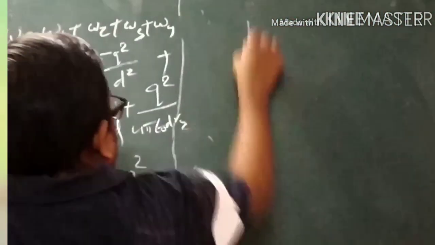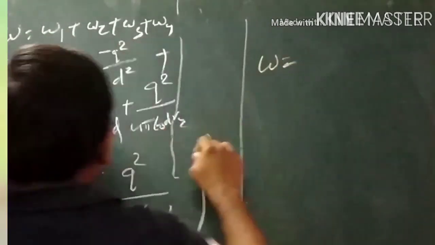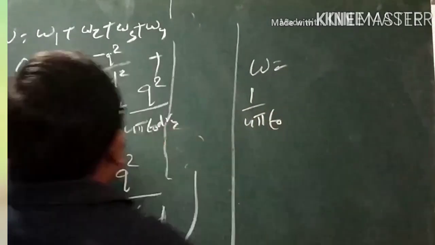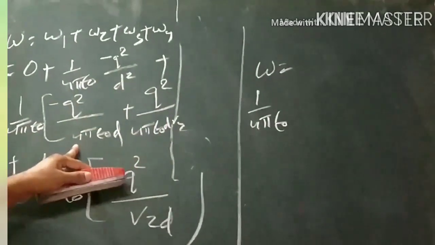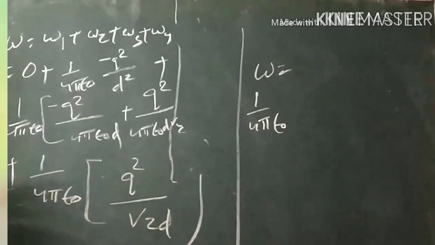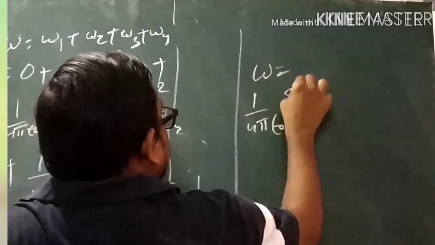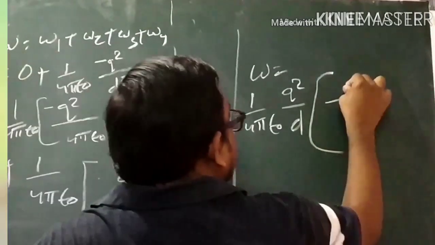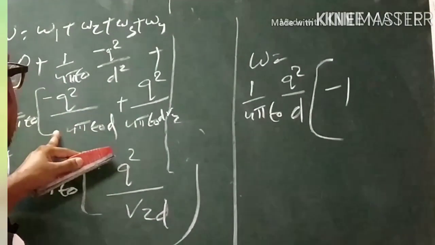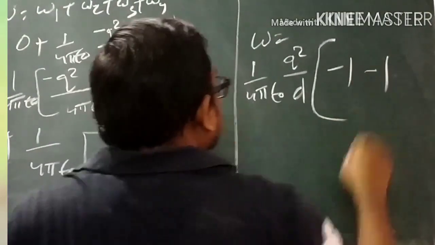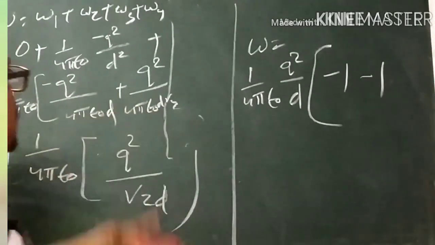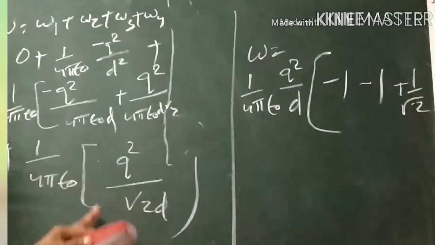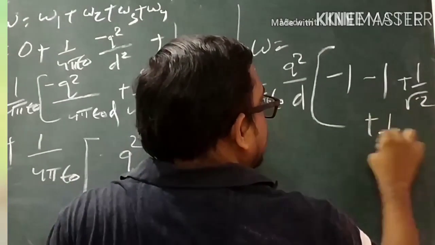So now how much is the value? This W will be equal to, in this case, we can take 1 by 4 pi epsilon 0 common. Again here there is a minus q square by d, here also minus q square by d, here also minus q square by d. So here we can take q square by d as common. Now this is minus 1, and here also again minus 1, then this is 1 by root 2, and there is also plus 1 by root 2.